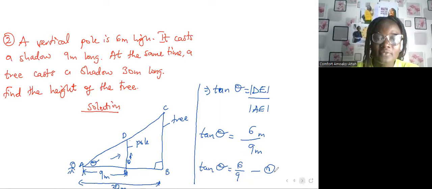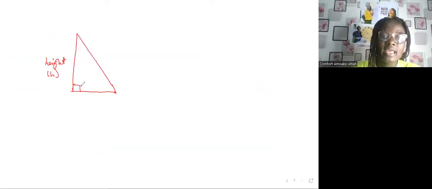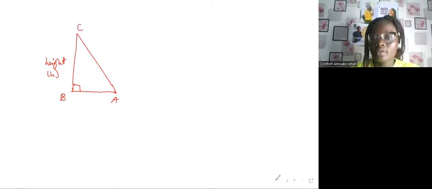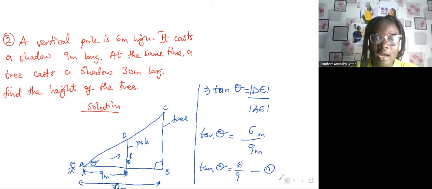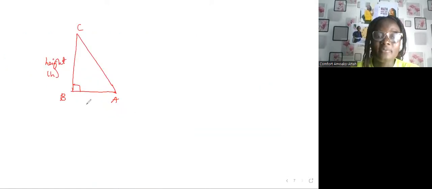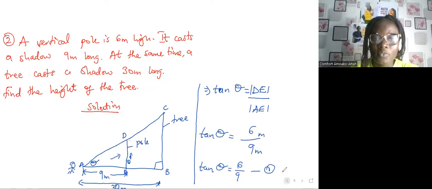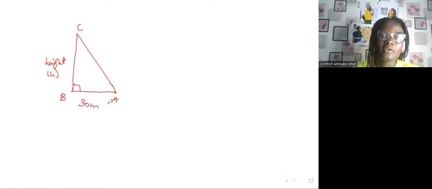Then we have A, B, and C, with the angle theta and the adjacent BA as 30 meters. And our angle inside of it.